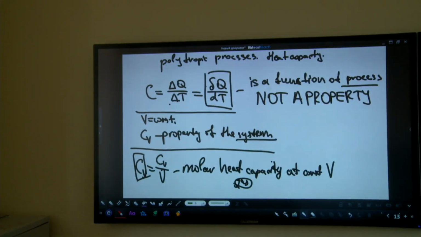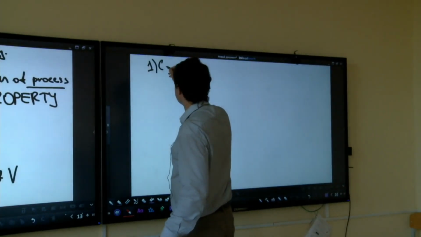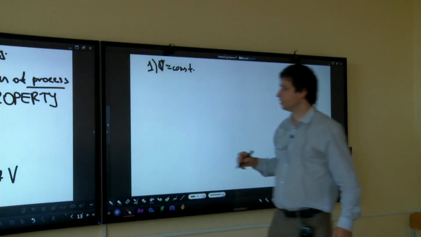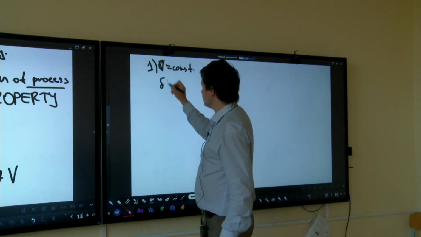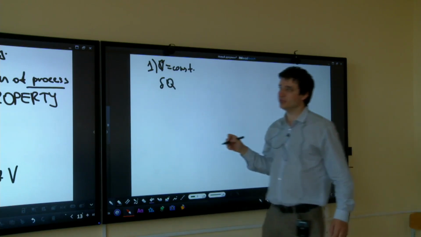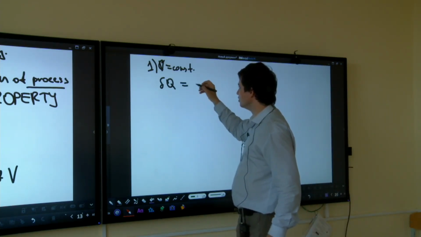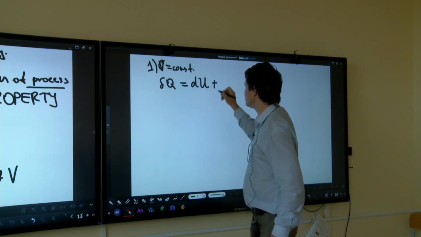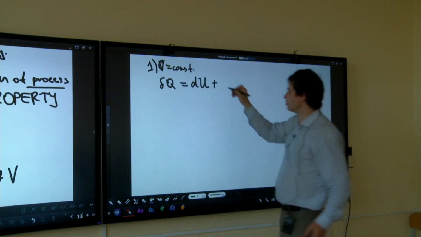Okay, now we are going to consider the isochoric process. In an isochoric process, the amount of heat in a small element of process equals the change of internal energy plus the work done by the gas.